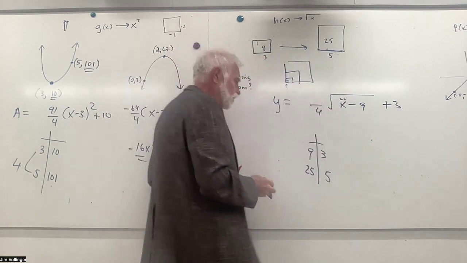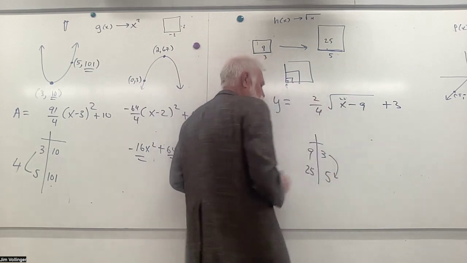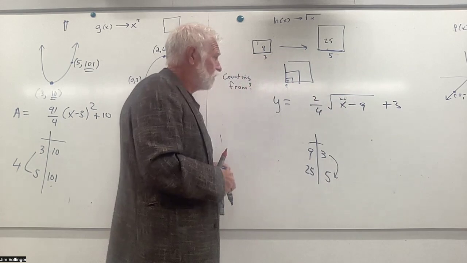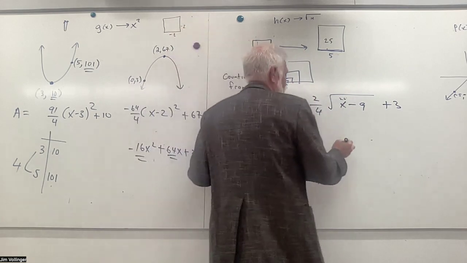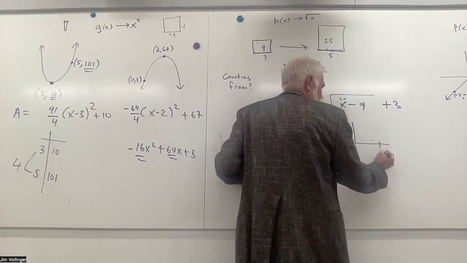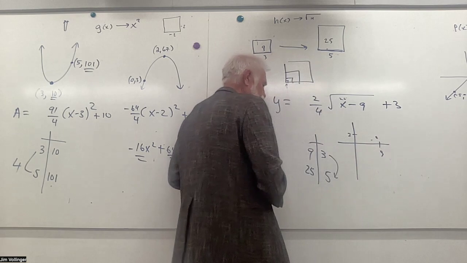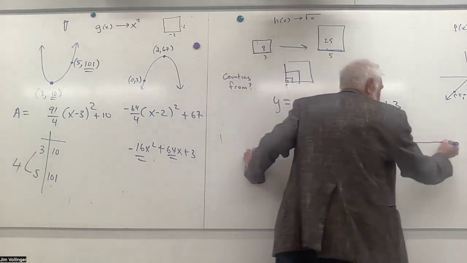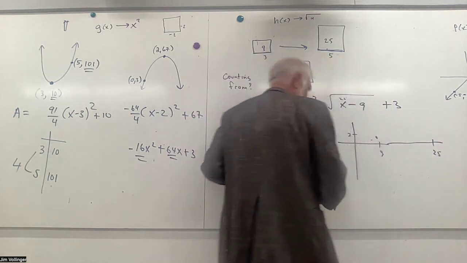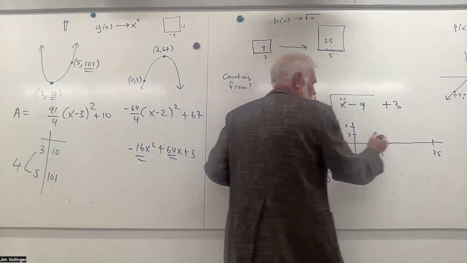And now what am I looking at? The change in the length, 2 units. And so that would be that graph. So if I started at 9, 3, let's just do some quick estimating. Let's call that 9, let's call that 3. I don't want to have too many concepts here. 25, way out here. I'm going to 5, which is about this change based on what I'm looking at.